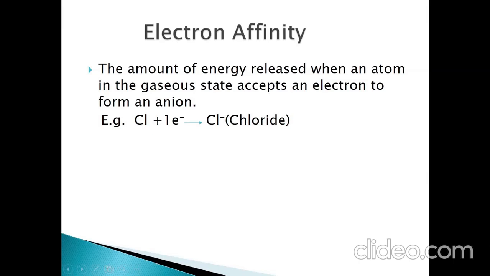So it accepts one electron and becomes chloride. So this is all about electron affinity. We have seen periodic properties including atomic radius or atomic size, ionization potential, and electron affinity.